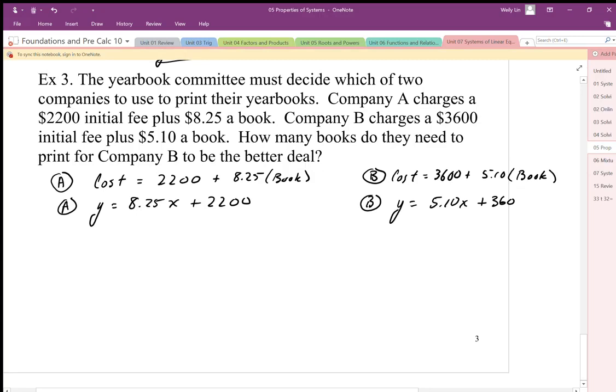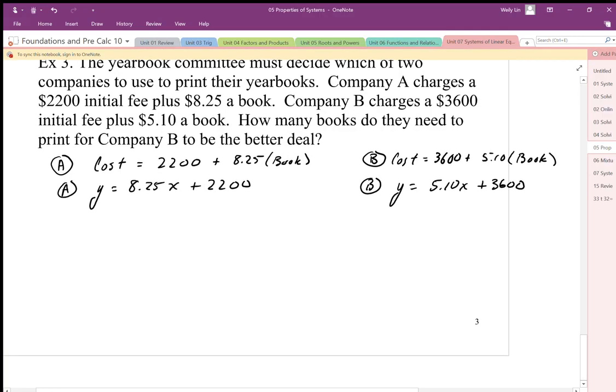So we're going to solve this. I can just substitute one into the other, so I'm going to make the y's equal to each other. So $8.25 times the number of books plus the original $2,200, and we're going to find out where these are equal: $5.10 times the books plus $3,600.